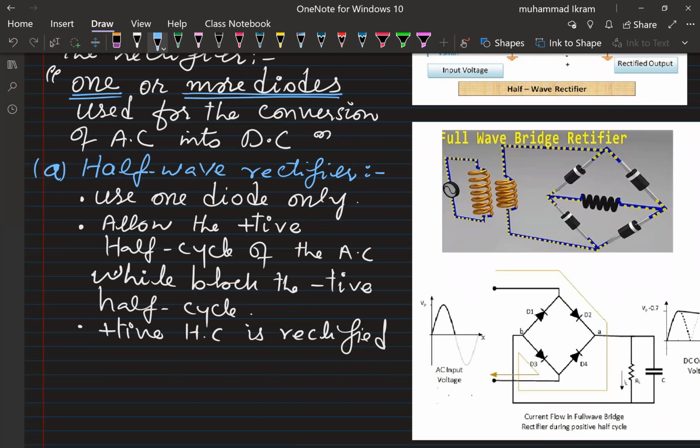Contrary to this, we have the full wave rectification. We have the full wave rectifier.